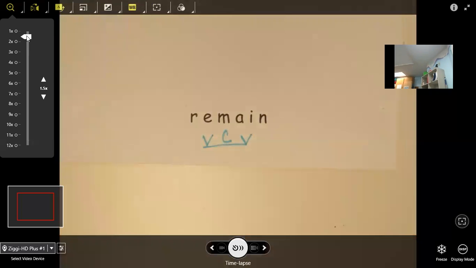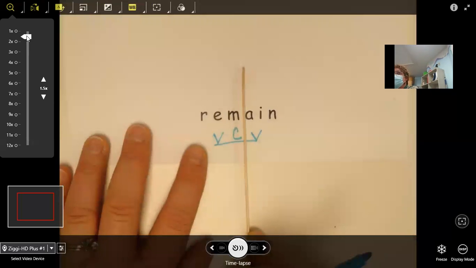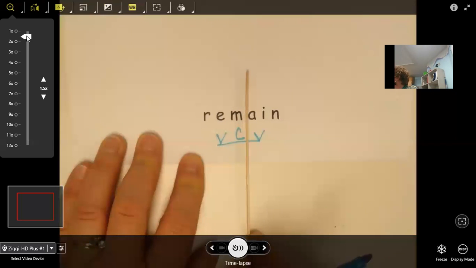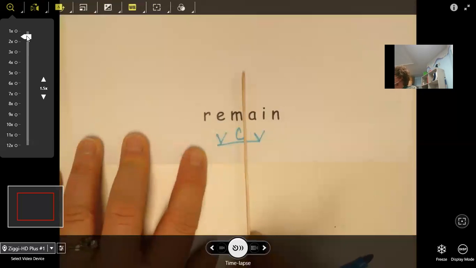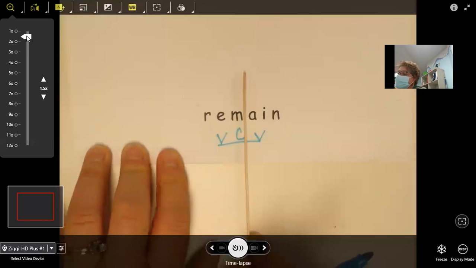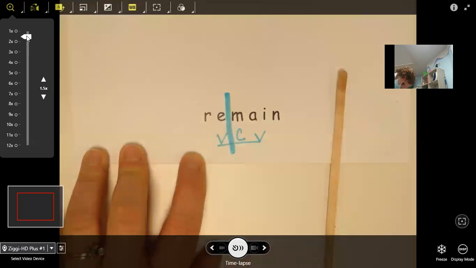Oh, my stick is running away. All right. So if we put it here, then this is going to be ram aim. So do you want me to move this there? You want me to keep it there? Ram aim, remain, ram. There you go. You want it here because that's going to make the E do what?